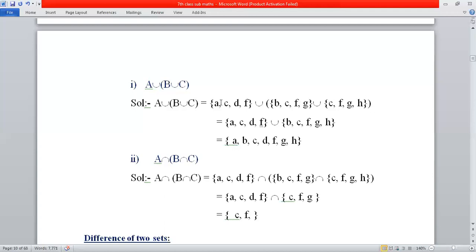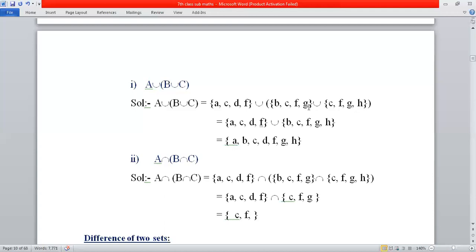So in this, the first set you copy as it is, no change, no solution. As it is, you copy the first set. This symbol U, you copy as it is, no change. Then you find the union of these two sets which are enclosed in the round bracket.